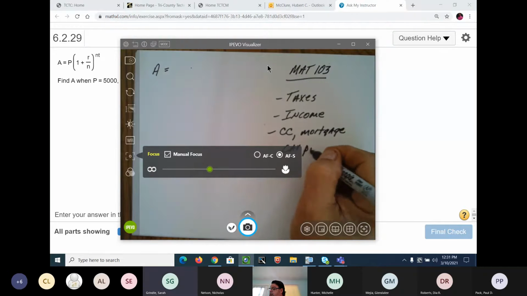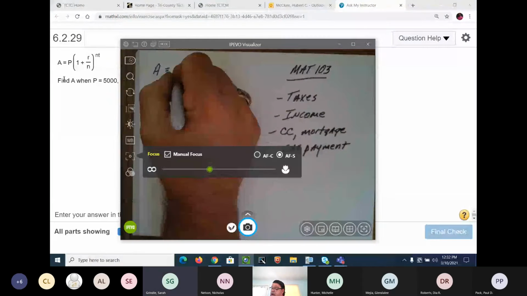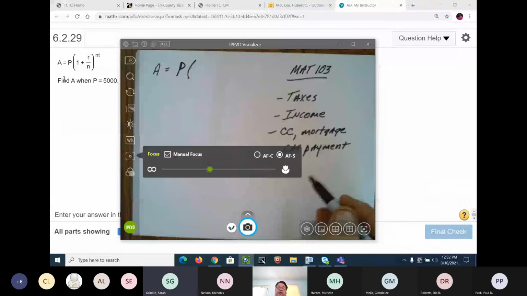So important life things. Yeah, we do a whole section of that, and this problem is in that section, the compound interest. Of course, they don't want you to learn that stuff. You know why they don't want you to learn it? So they can take advantage of you.